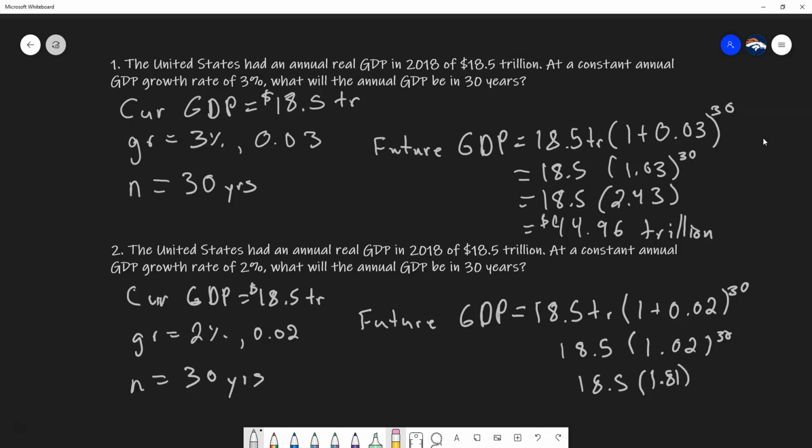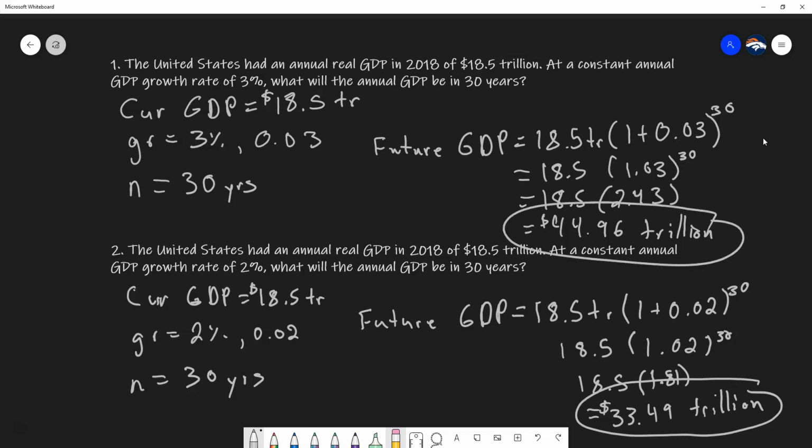It would end up being a GDP equal to 33.49 trillion. So essentially 33.5 trillion. I'm rounding to the nearest hundredth of a trillion. So you're looking at billions here. Essentially, what you're looking at is the difference between the two: just by growing at a growth rate that's 1% less, it ends up being almost a $10 trillion difference.